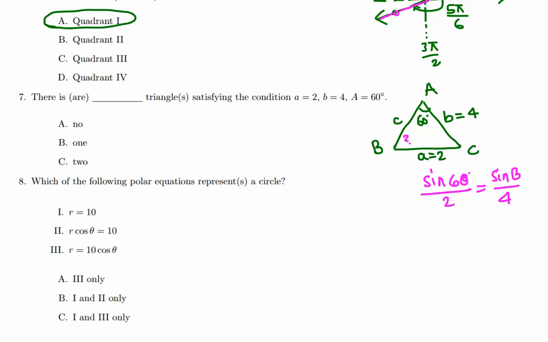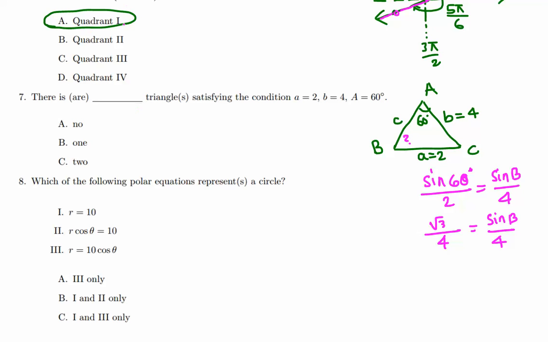Sine 60 degrees is √3/2, over 2, that on the bottom 2 and 2, 4, equals sine B over 4.